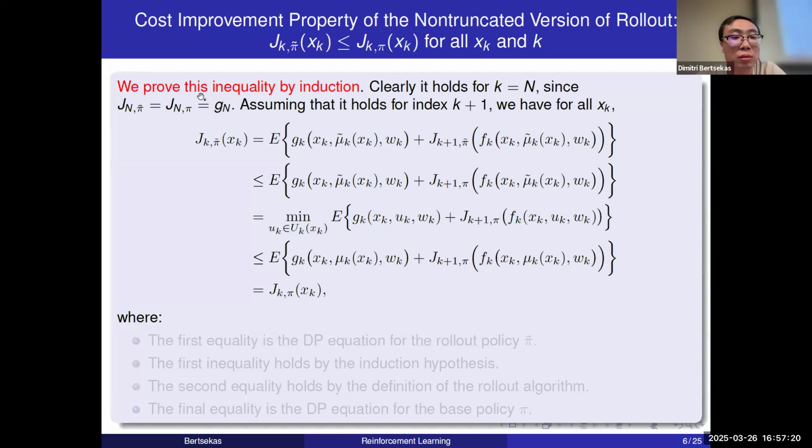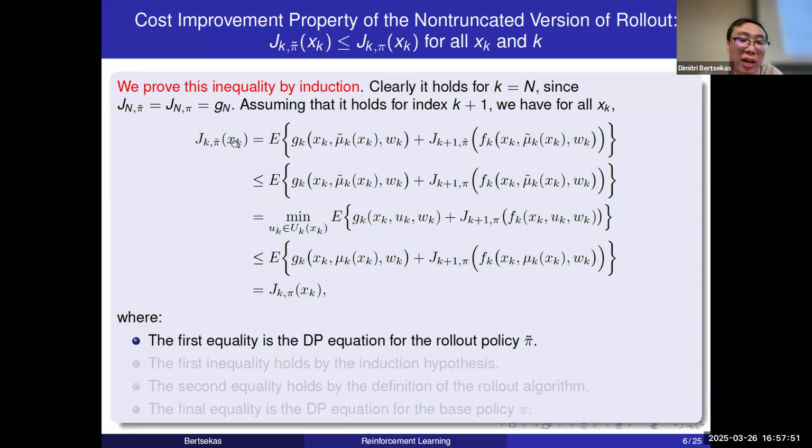Similarly, we prove by induction, starting with k equal to capital N, since for both policies J_N is equal to the terminal stage cost G, so this inequality holds. Assuming it holds for k plus 1, the first formula is the dynamic programming equation for the rollout policy.